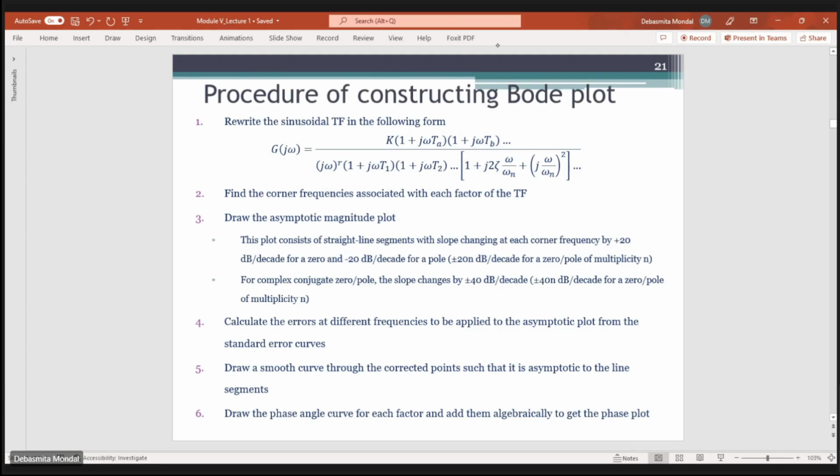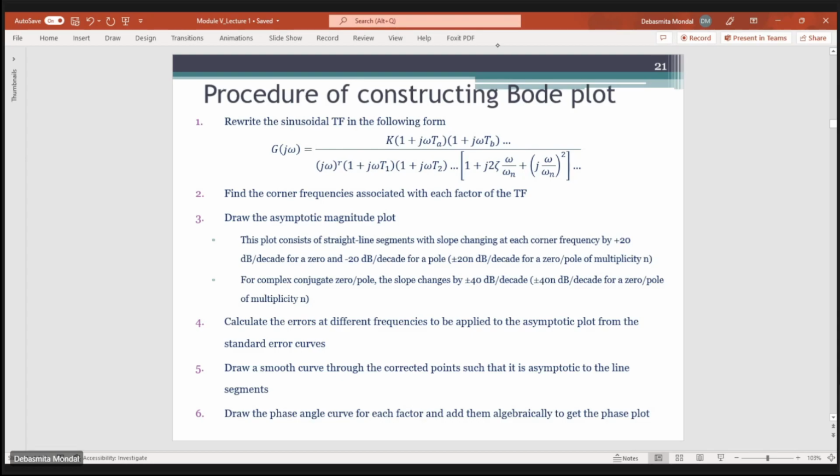So this will give you the asymptotic magnitude plot. From it, you calculate the errors at certain frequencies, and from the errors you smoothen out the asymptotic curve and draw the smooth curve, which will be the final or exact Bode plot of the system.